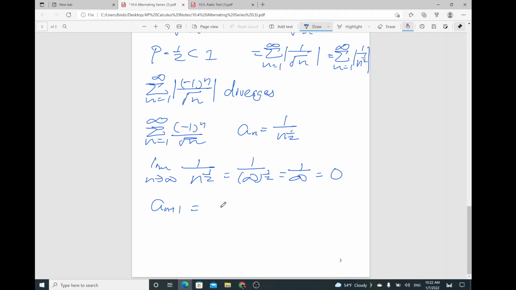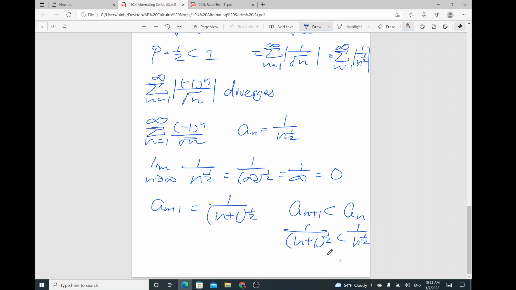So a sub n plus 1 is 1 over n plus 1 to the power of 1/2. Compare the quantities in the denominator. Obviously n plus 1 is bigger than n, but it's in the denominator, so if the denominator is getting bigger, the entire quantity is getting smaller. Therefore a sub n plus 1 is less than a sub n: 1 over (n plus 1) to the power of 1/2 is less than 1 over n to the power of 1/2.